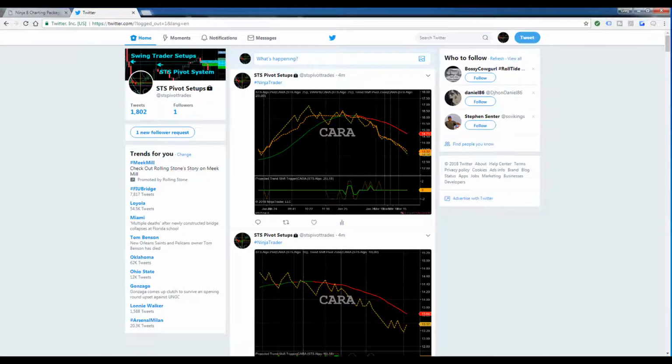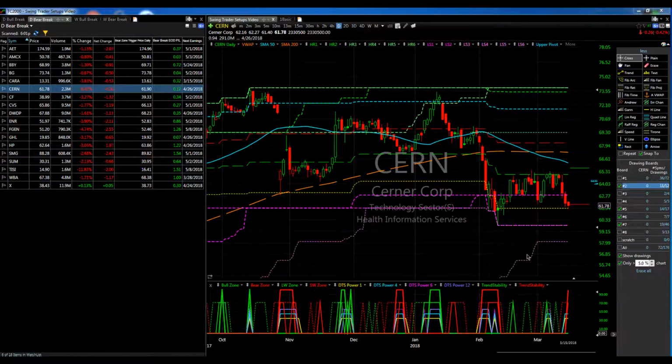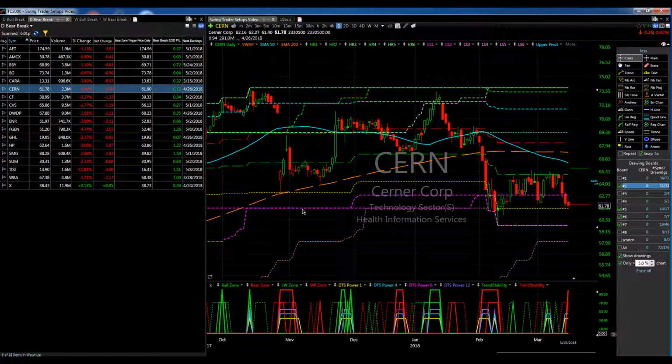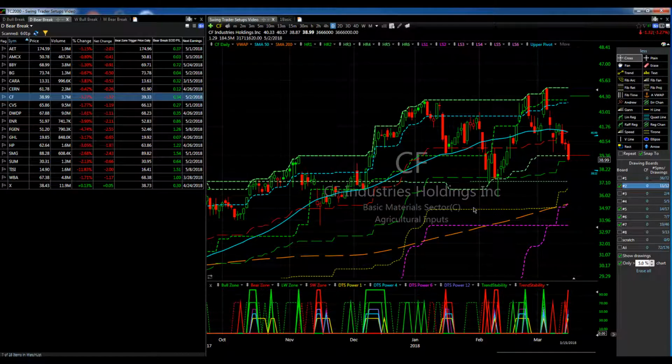Next bear zone in this consolidation, here's CERN. This has got support right here at $61.53. That's where it needs to hold. CF coming into the bear zone. This is more of momentum from this move down. This is not a consolidation break. Widen this back out just a little bit.